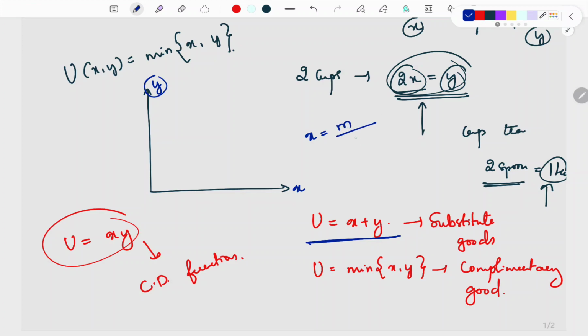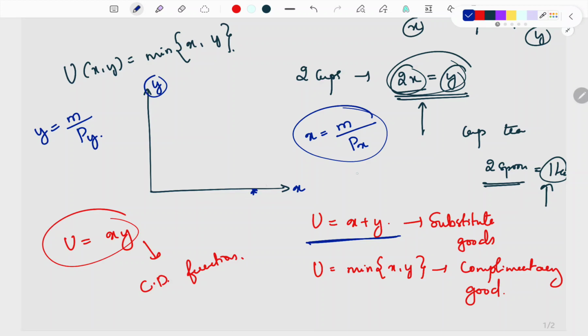For every x you are paying px. Whatever you get, that much you will consume. And for y, when you are not consuming x and only consuming y, you will use the total money or the income, and you will pay the price py for each good. That much you will get.